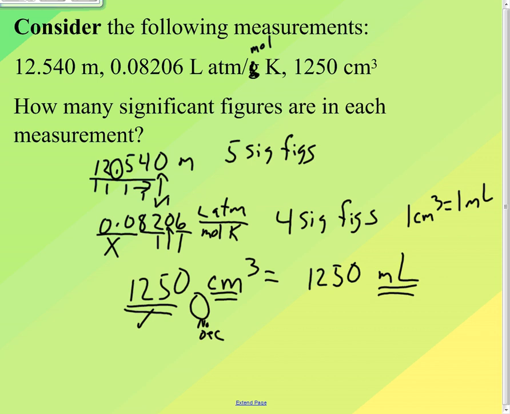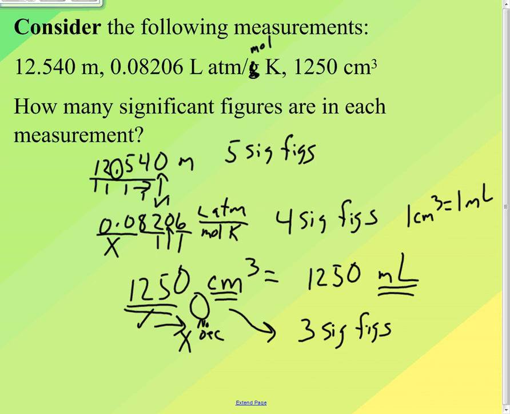So what happens if I have a 0 to the right of my last non-zero, and there's no decimal? That means that 0 is not significant. So in 1250, I have 3 sig figs. Remember, some people would say that that 0 is significant, but for our purposes in this class, unless there's a decimal, we're going to say that 0 is not significant.